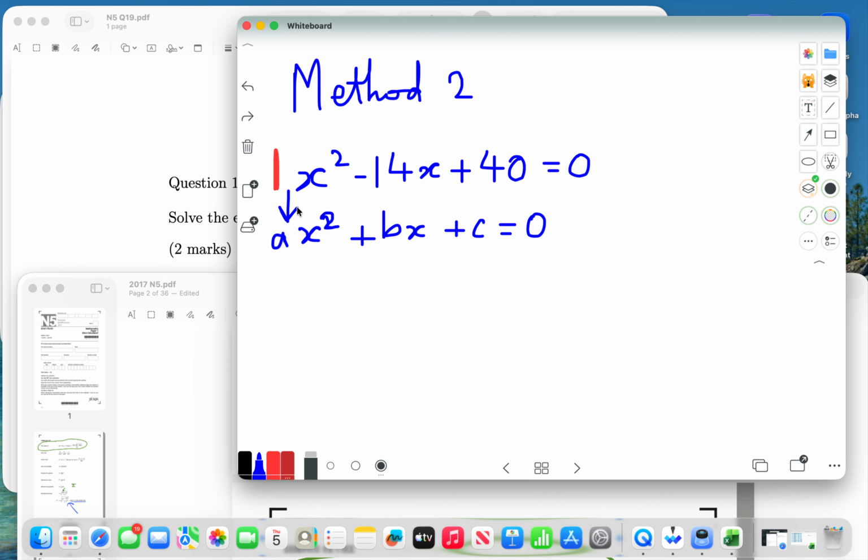And we see a is 1. Be very careful of your negatives and positives. You've got minus 14x and bx, so b is minus 14 and c is 40.